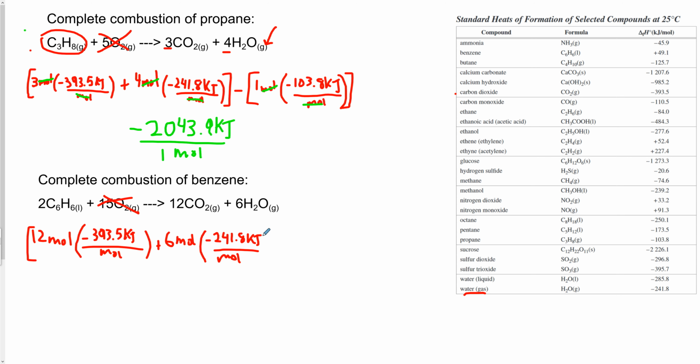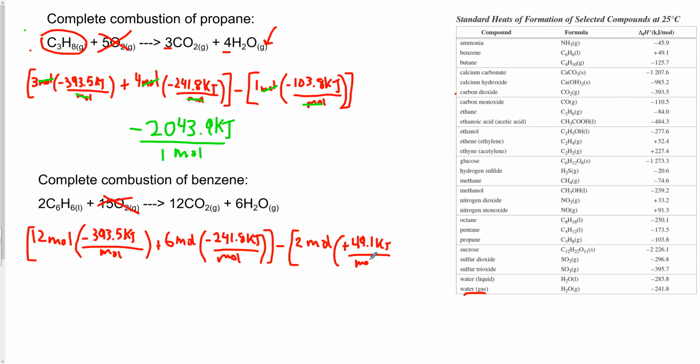I subtract. I open up a bracket. Now I have 2 moles of benzene. And benzene is plus 49.1 kilojoules per mole. So we get all that done.